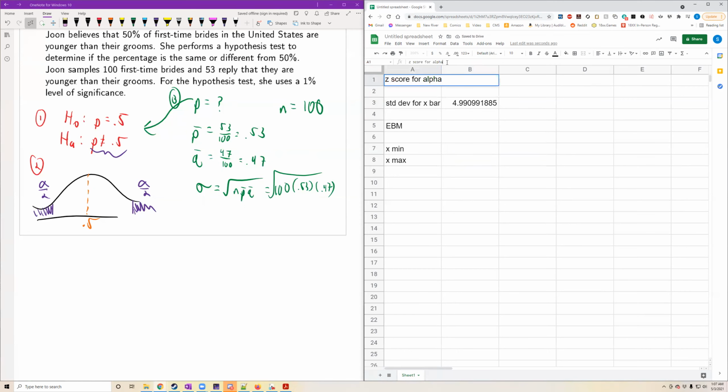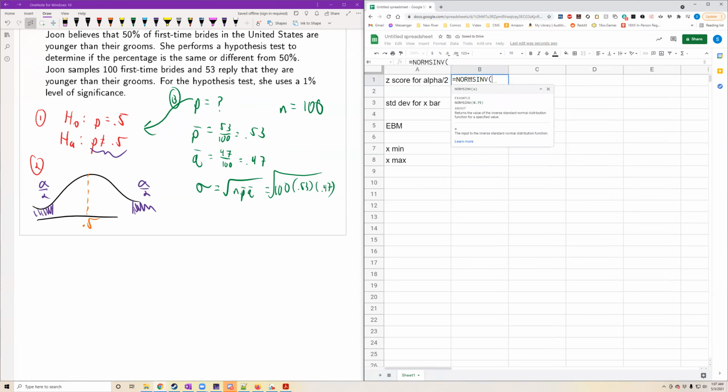For the z-score, it needs to be for alpha over 2 now. So we'll use, remember, always norms when we're dealing with a proportion. So norm.s.inv for our alpha over 2. We never actually wrote that part down. Alpha is equal to 0.01. So the alpha over 2 is 0.005 because it's a 1% significance. So 0.005 for our alpha over 2.